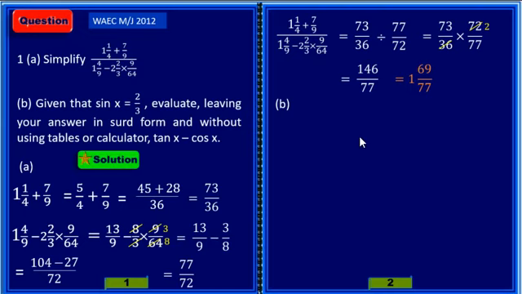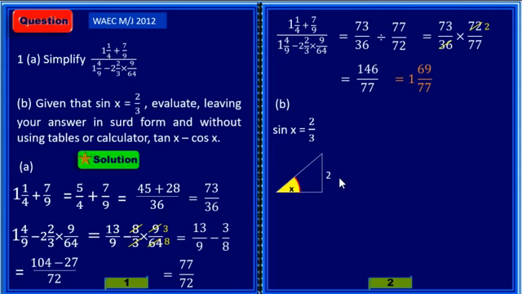Question 1b. Sin x is given as 2 over 3. So we now draw a triangle, and then we fix these dimensions to the sides of the triangle. The numerator here is the opposite of this angle given here.